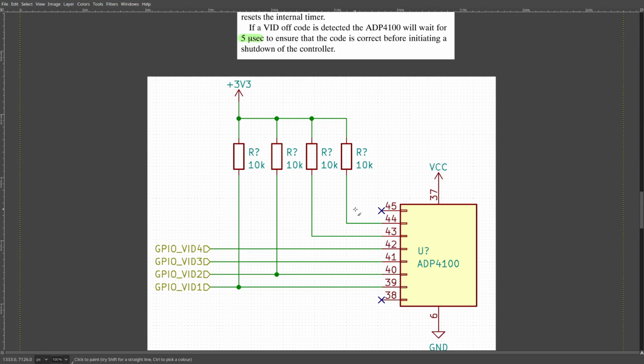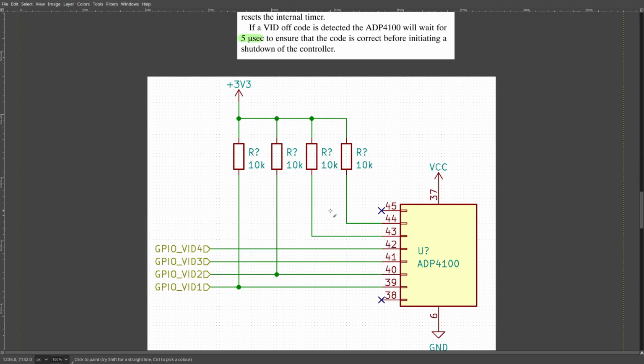Even if it's like 100K to ground, if your effective resistance to any voltage is a couple of gigaohms, obviously it's going to be right near 0. If you do the voltage divider math, it will tell you that. Same thing here. If you have a 10K resistor connecting to 3.3 volts and 100K to ground internally, it's going to be well above 2 volts.